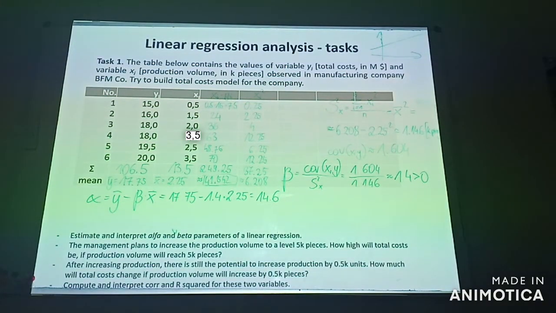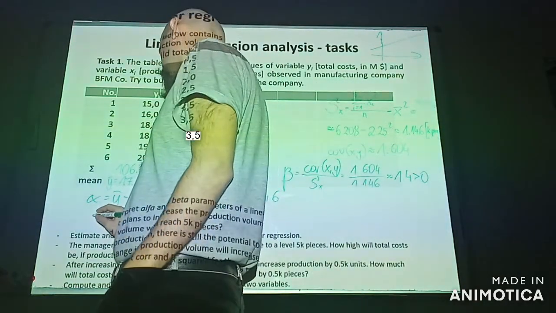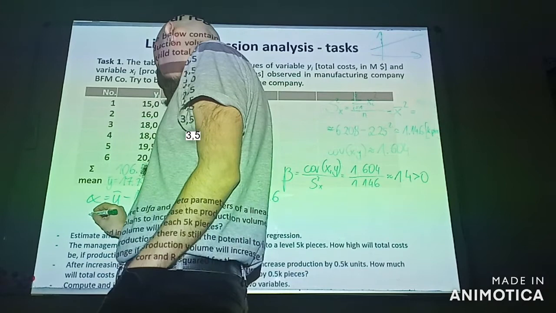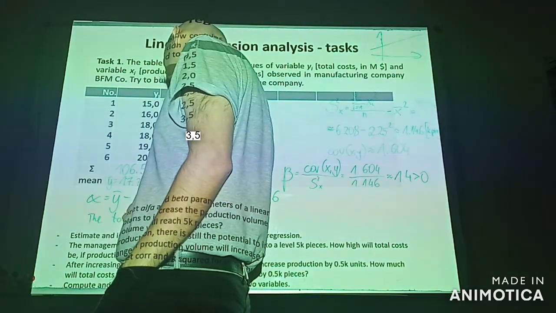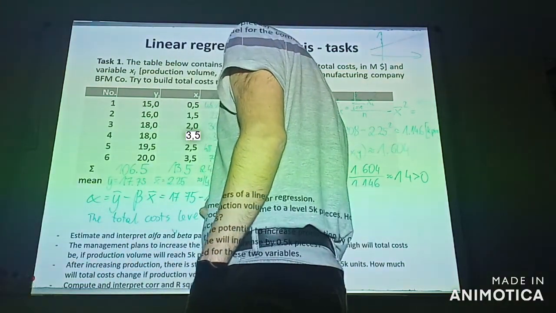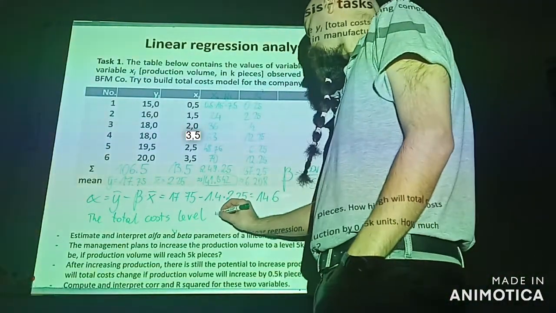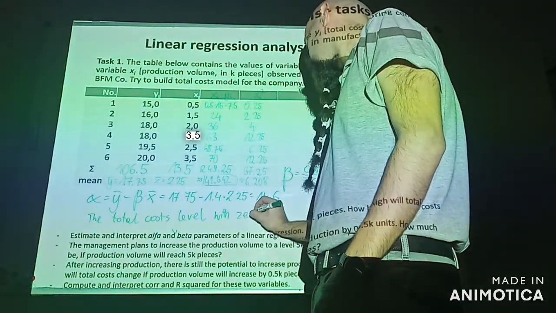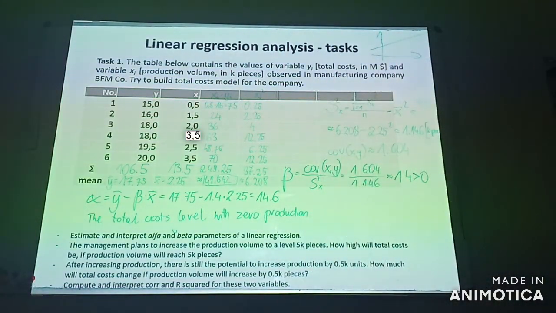14.6. What does it mean? It means that this is the total costs level, or the level of total costs with zero production, or the level of total costs if the production value is equal to 0.